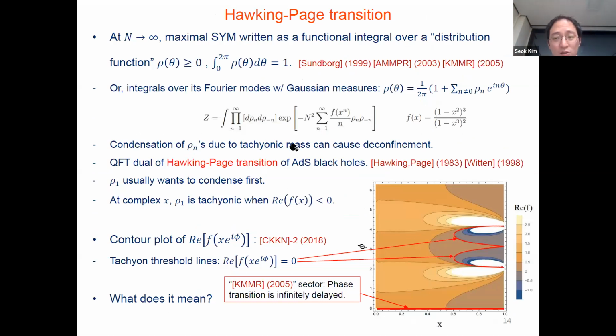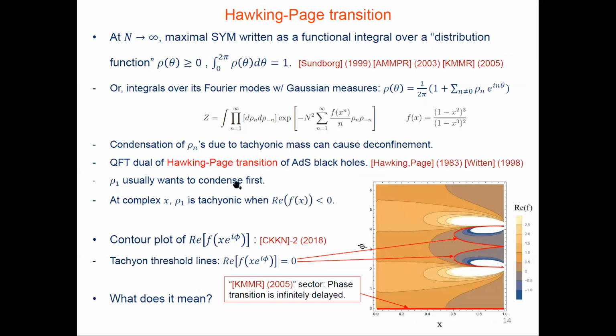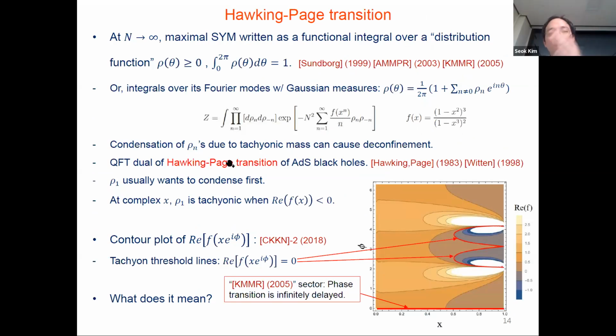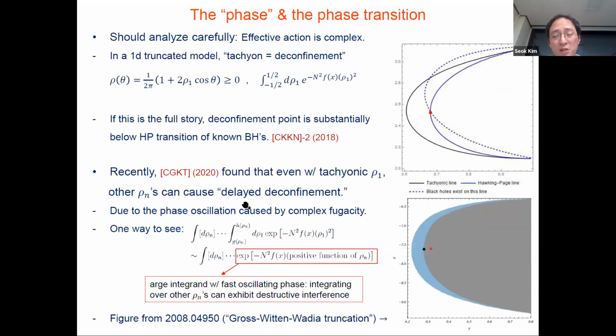So the tachyonic point was basically the deconfinement point. I mean, the mismatch between the tachyonic point and the deconfinement point is caused by this complex fugacity, which I think is another role played by fugacity, which I really realized.